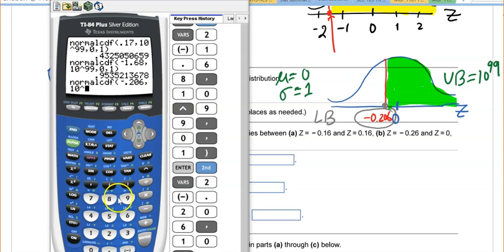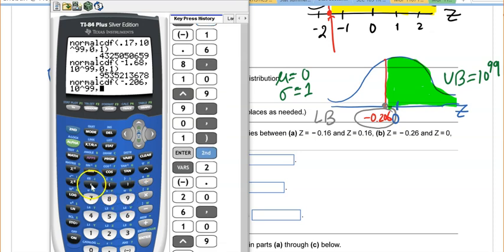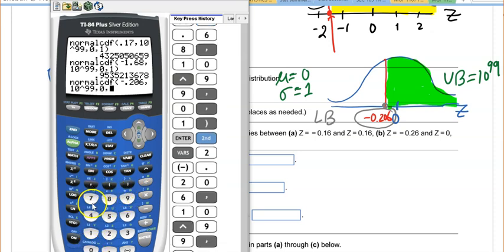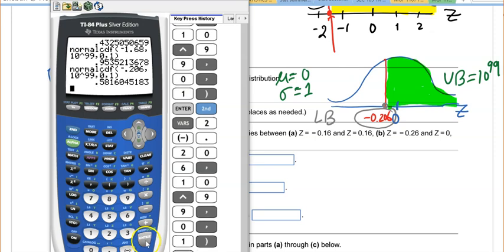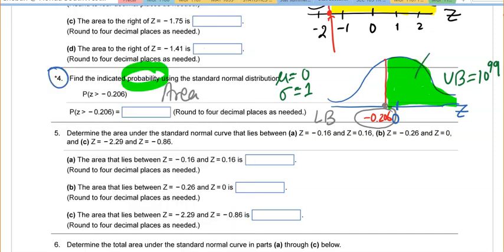Technically we didn't have it, therefore I'm going to put that, comma, 0, comma, 1. Remember that this is the mean 0, standard deviation 1. Close parenthesis, press enter. That's the area: 0.5816. Okay, that's question number 4.